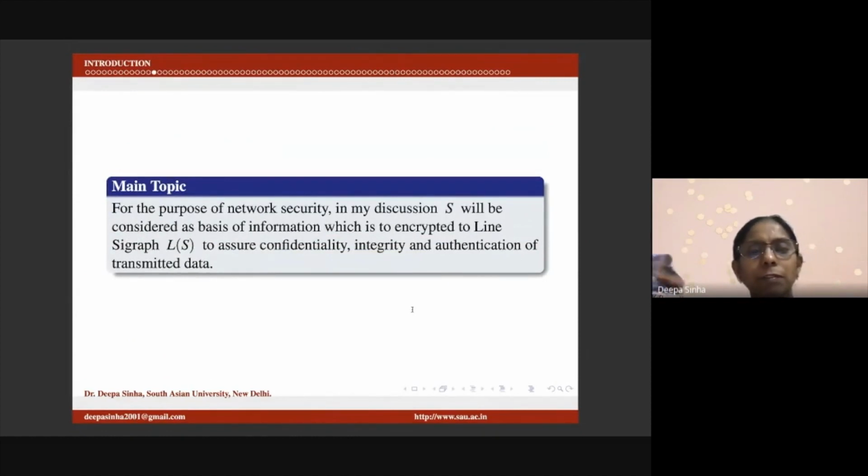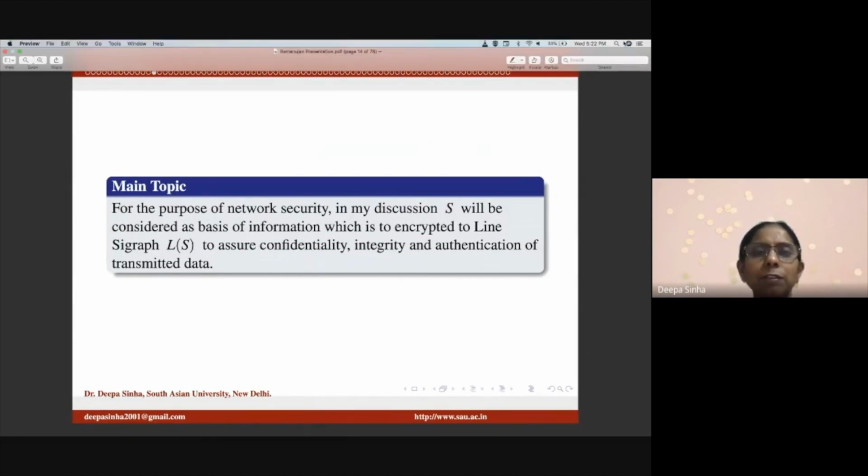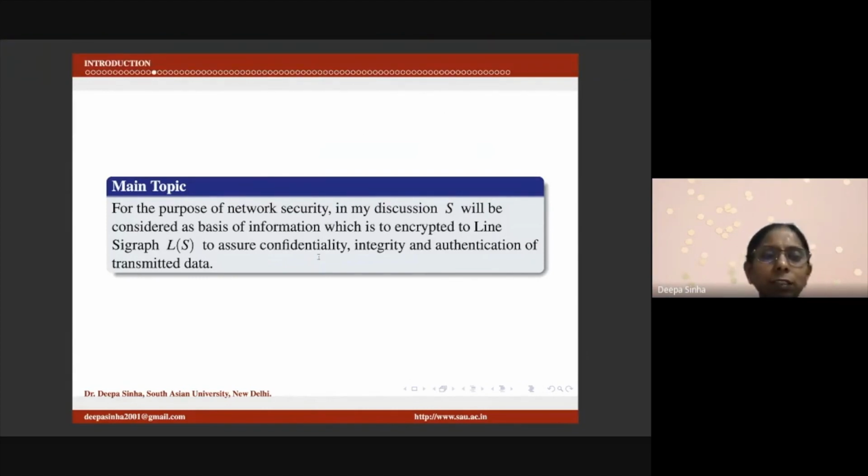For the purpose of network security, in my discussion, S will be considered as the basis of information, which is encrypted to the line sign graph L(S), to assure confidentiality, integrity and authentication of the transmitted data.